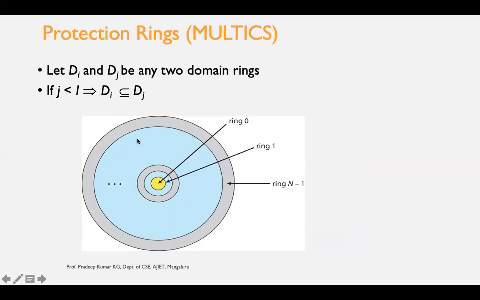So now what we are trying to say is the innermost ring 0 will have the highest protection because it is a little group covered with outermost or so many rings. So whatever data we have in ring 0, it will have a secure zone, right? So that is how the protection ring works.